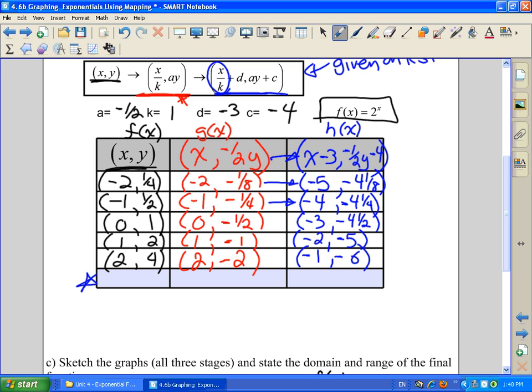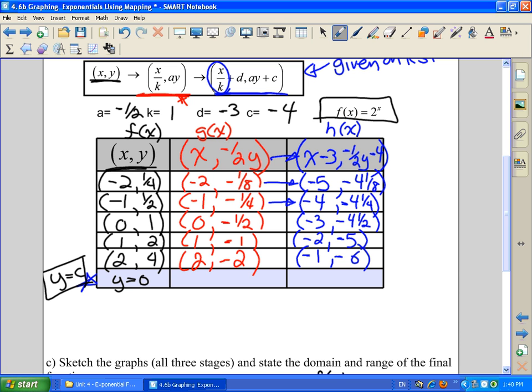Well, actually, the key point that I like to always take a look at when I'm graphing my exponentials is where is that asymptote? What we do know from the last couple of days is that y equals c is our asymptote. But when we take a look at our parent function, c is actually 0. So we know it's y equals 0.